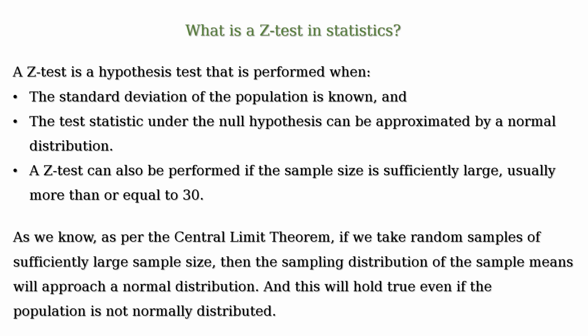As we know, as per the central limit theorem, if we take random samples of sufficiently large sample size, then the sampling distribution of the sample means will approach a normal distribution, and this will hold true even if the population is not normally distributed.